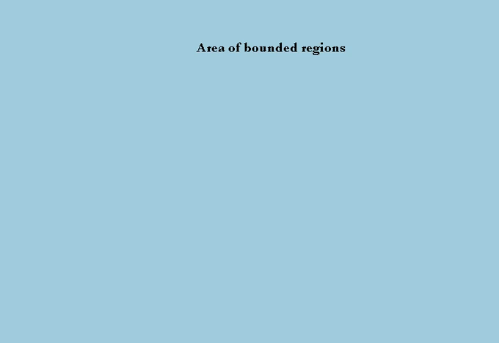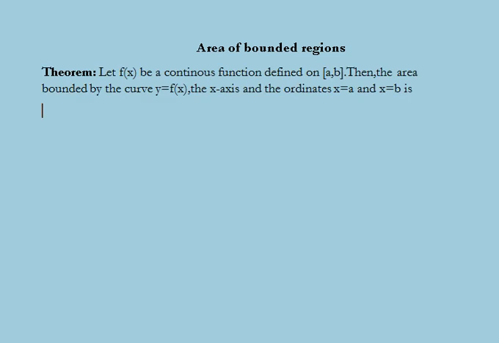Now, the first step in finding the area of a bounded region is to identify the region whose area is to be computed. For this, we need to draw the graph or a rough sketch of the various curves which enclose the region. We have the first theorem, which states that let f(x) be a continuous function defined on interval [a, b].